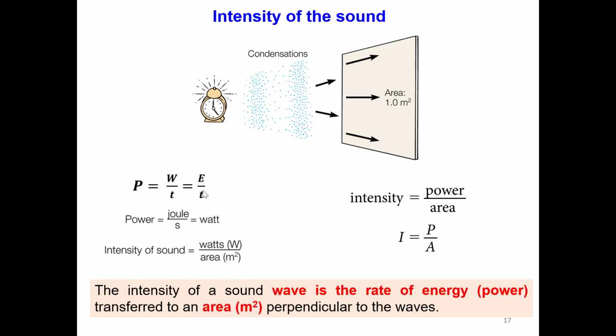It's how much energy per unit time. Also, we studied that the unit of power is the watt, because it is energy or work, which is joule, per second, which is defined as a watt.